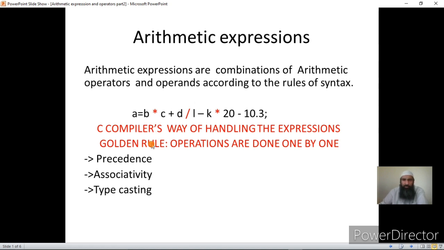Now in today's lecture we are going to learn about typecasting. Before explaining this, let us first understand some important concepts that are related to arithmetic expressions and typecasting.